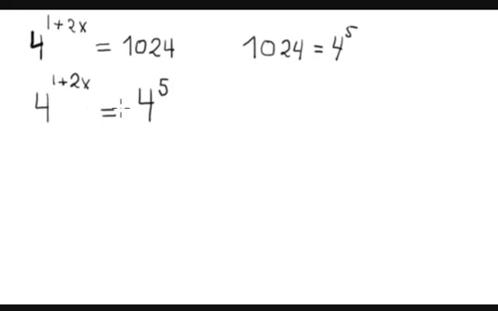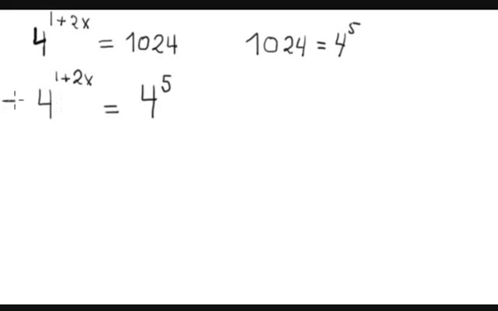Okay, and when the base is the same, so if this exponential is equal to this exponential, the conclusion is the exponents are the same, because the exponential function is a one-to-one function. And you solve this elementary equation.